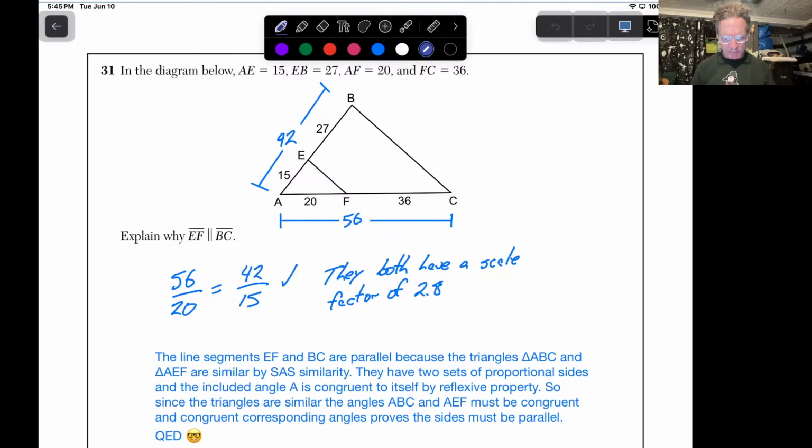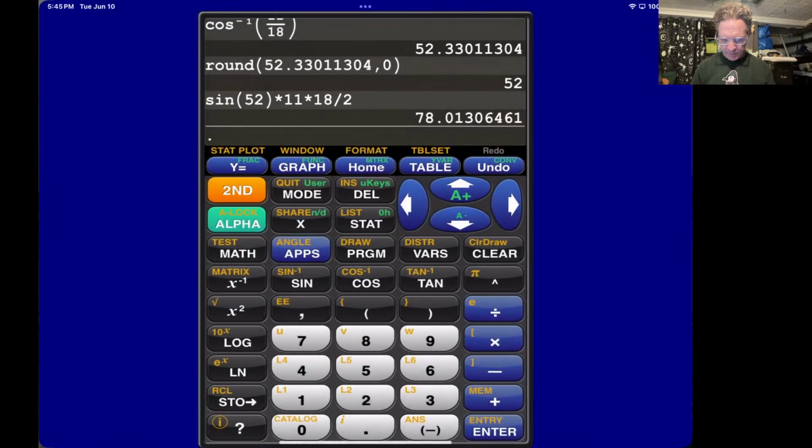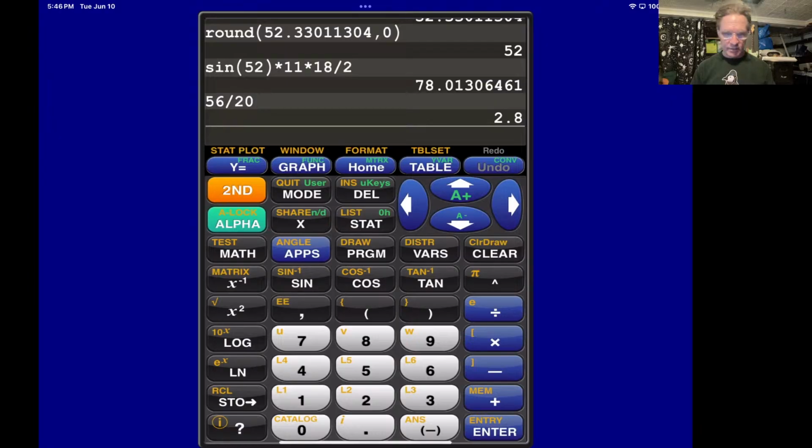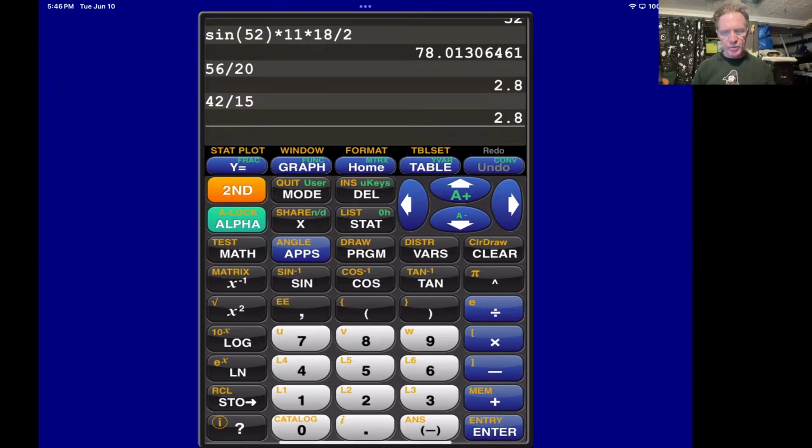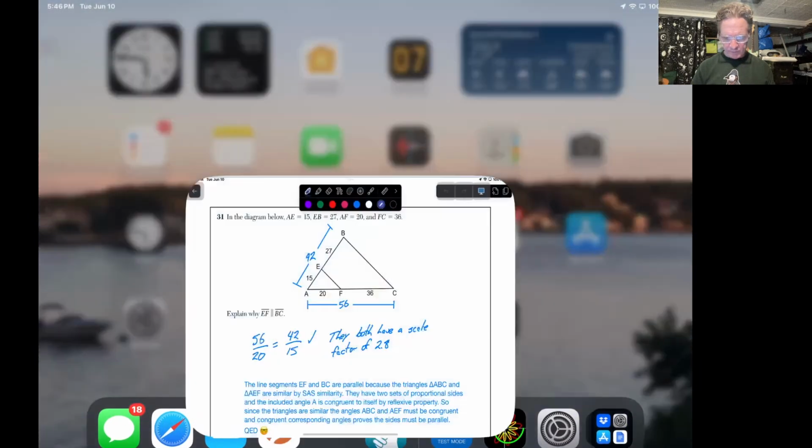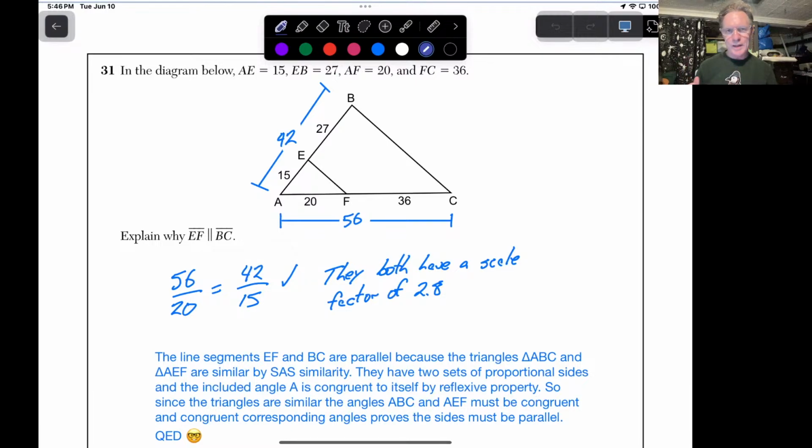If you plug them into a calculator, 56 over 20 and 42 divided by 15 both equal 2.8. So that's the scale factor, right? They're both being scaled up by a scale factor of 2.8. If they have the same scale factor, that means they're proportional.